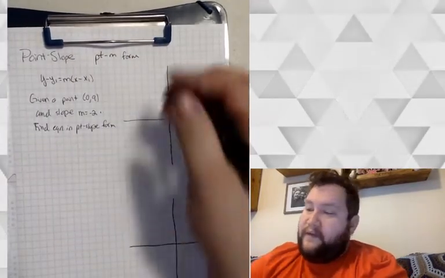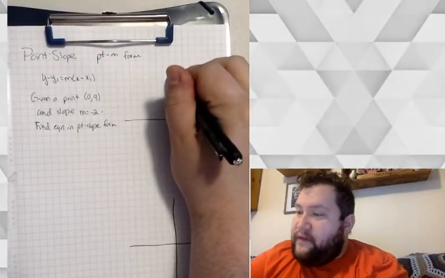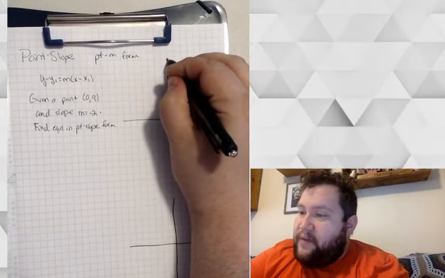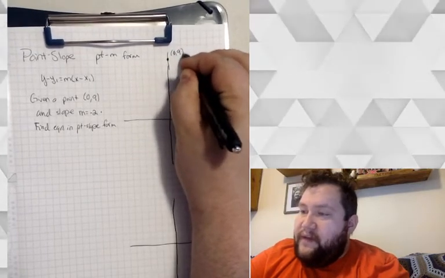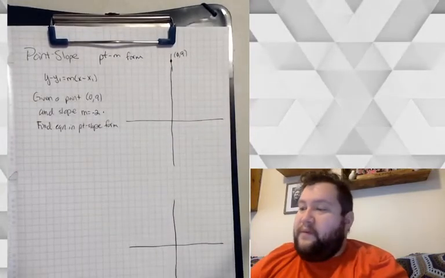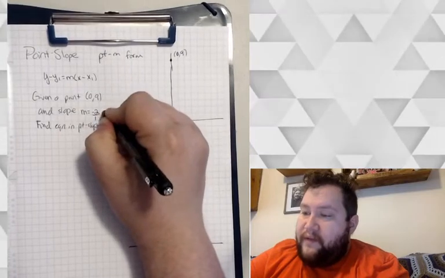So given a point 0, 9, so 0, 1, 2, 3, 4, 5, 6, 7, 8, 9. I almost went high enough. 0, 9. And slope -2, so that means we go rise over run.